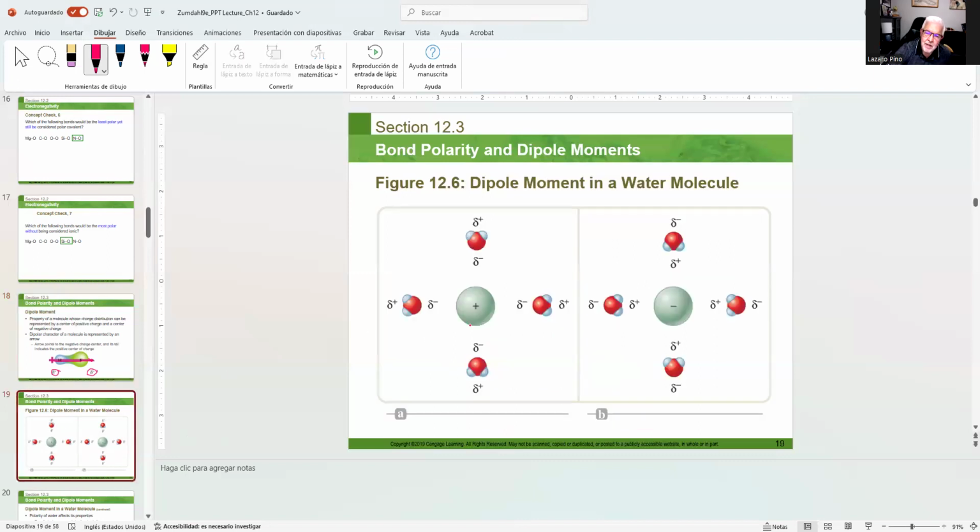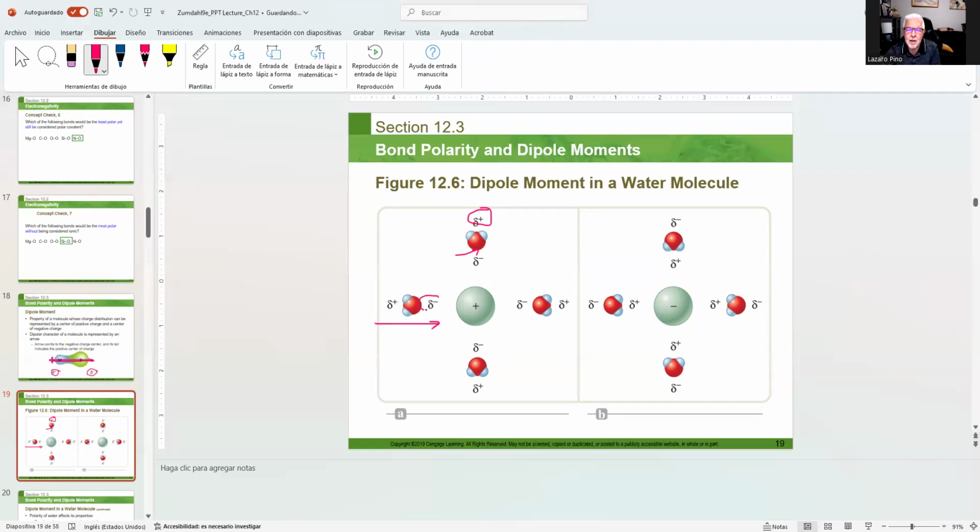What happens here? Well, in this case, we can see that the water molecule is a dipole because oxygen is delta negative and hydrogen is delta positive. Then when we put a cation in water, the water dipoles take this direction.